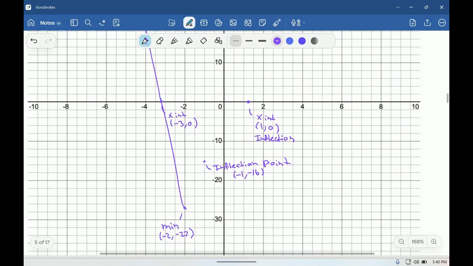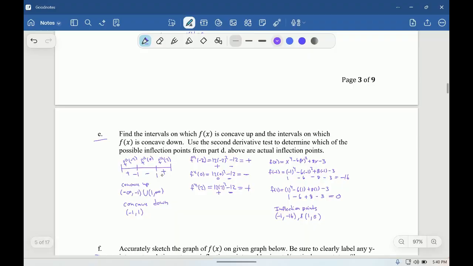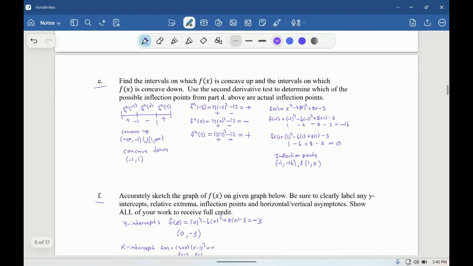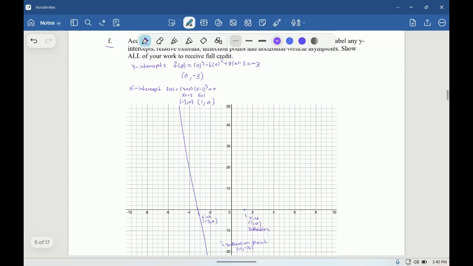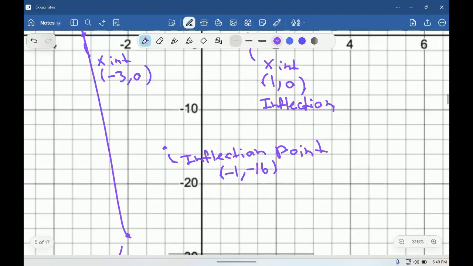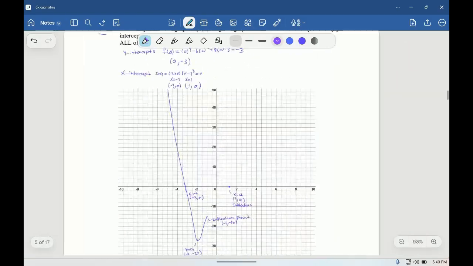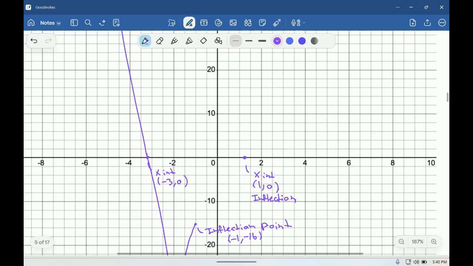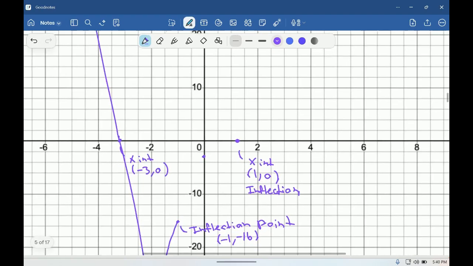And because we have a minimum here, and from -1 the concavity is down, and the intervals are increasing, we're going to go up to our inflection point. But we also know that we're still going to keep being concave down, so we're going to keep going.